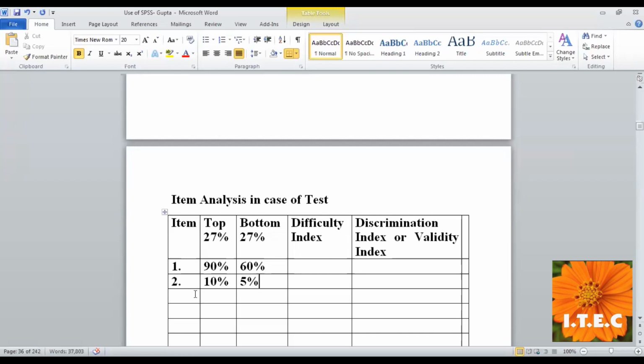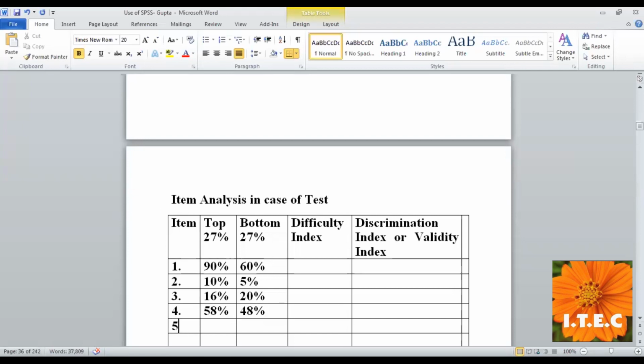Item number 3, here say 16%, and here say 20%. Number 4, here say 58%, and here let's say 48%.